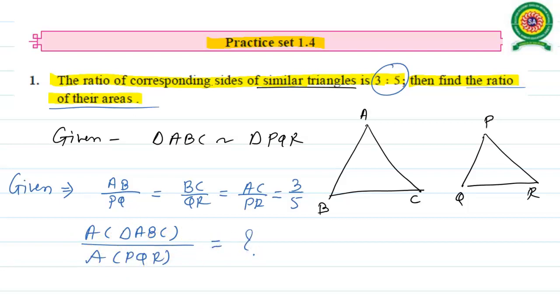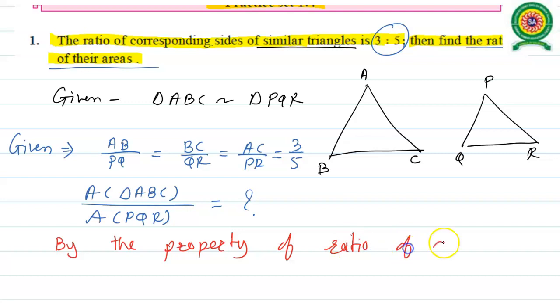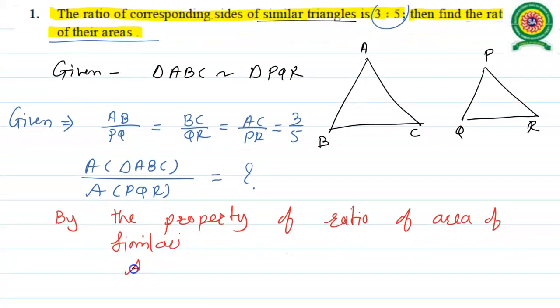So we can write by the property of the ratio of areas of similar triangles, area of triangle ABC divided by area of triangle PQR equals the ratio of squares of their corresponding sides.